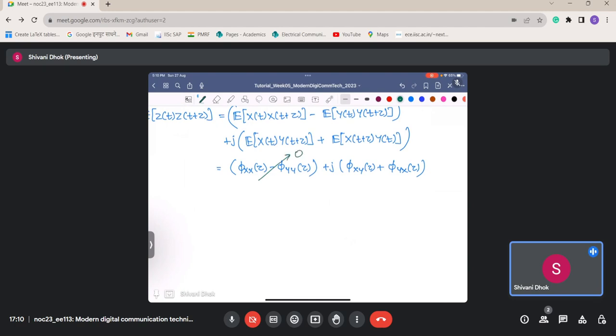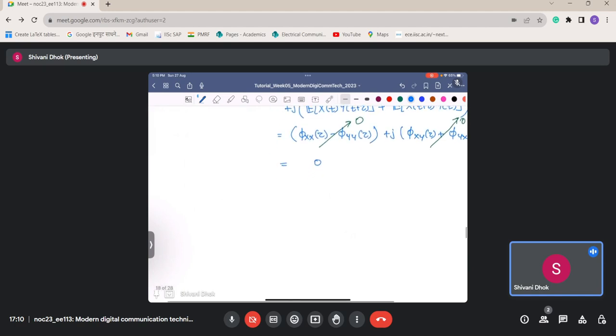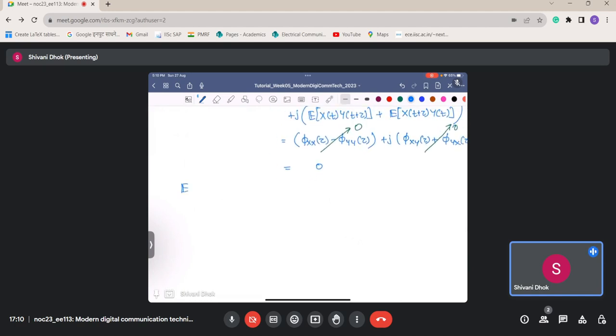Similarly, phi xy of tau is equal to minus phi yx of tau, so this is also equal to 0. This means that this is equal to 0, and this is what we wanted to prove. So we proved that expectation z(t) into z(t plus tau) is equal to 0.